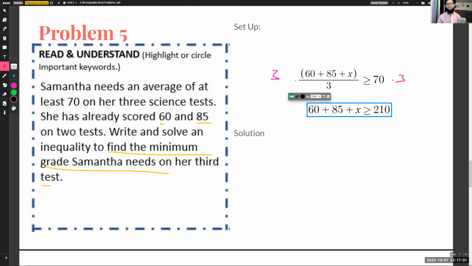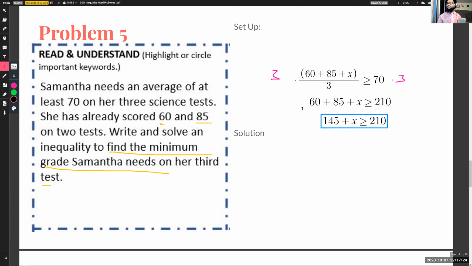And now I begin the process of solving like I was about to do before. I'm going to add these two up, this 60 and 85. And that's going to give me 145 plus x is greater than or equal to 210.